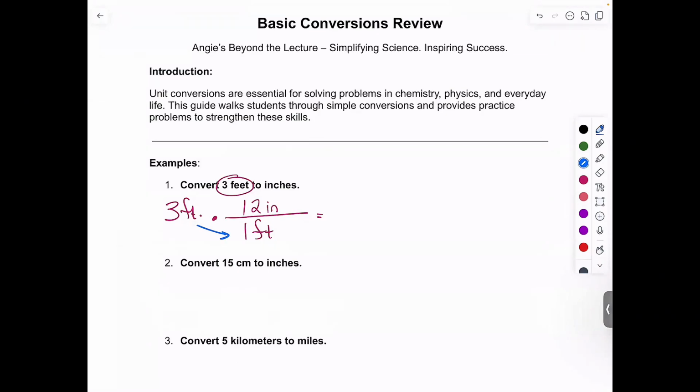So that's the unit we're starting off with, and we are going to end up canceling that. So we need to make sure that goes on the bottom. And we can actually cross cancel those. So feet are gone, and we're just left with inches on top. So ultimately we have 3 times 12 that we need to compute, and that would be 36 inches as your final answer on number 1.